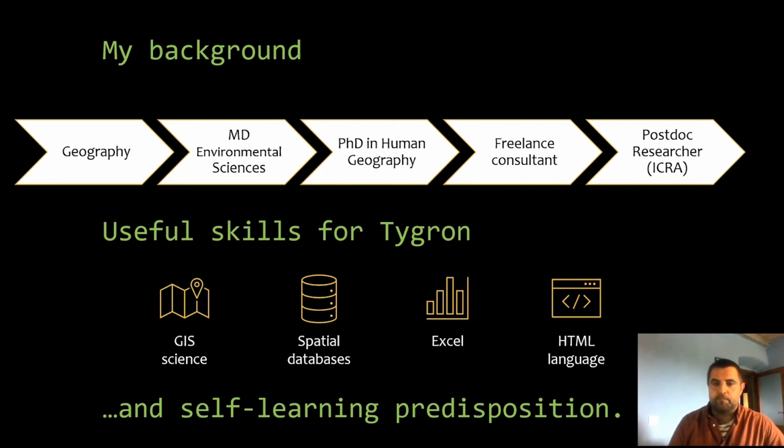And I'm also quite confident in using Excel and in using different programming languages. And Excel, as well as HTML, which is the language of websites, are quite important in Tygron, basically to customize indicators, because you need to use Excel, but the Excel is returning HTML code to Tygron, so this is important.